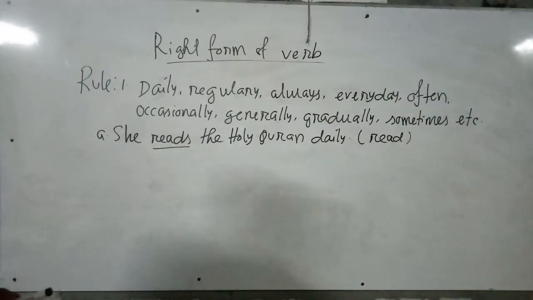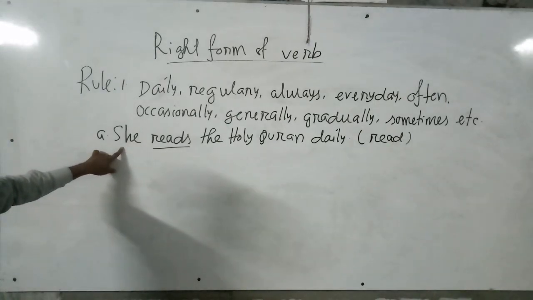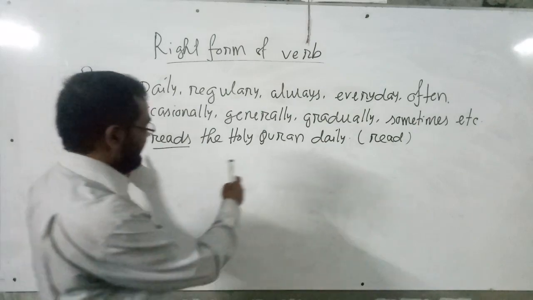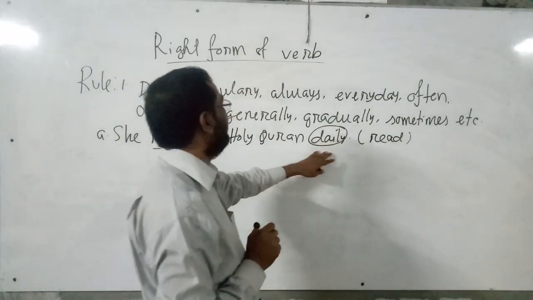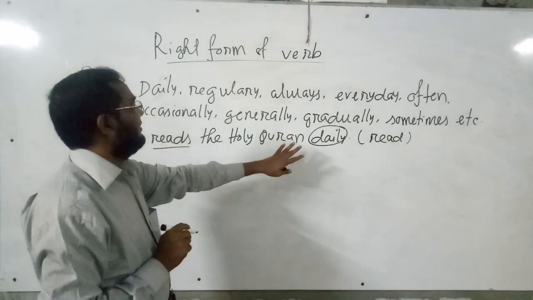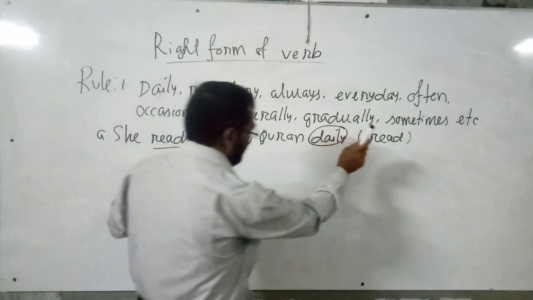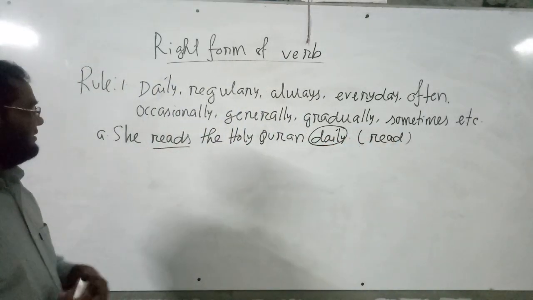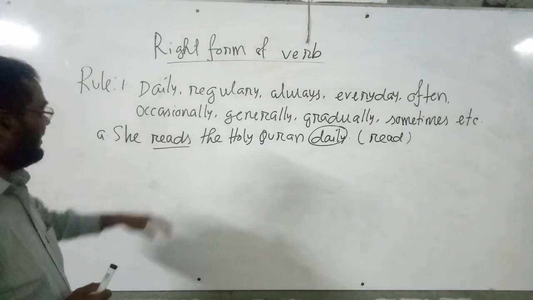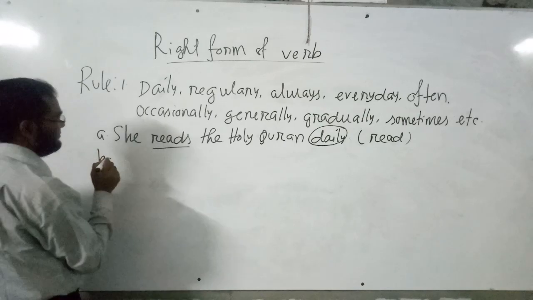This is the correct form of verb because the subject is third person singular number, and the word daily shows a habitual action. The verb will be present indefinite tense. For this reason, read will be changed to reads, and s will be added with the verb. This is the rule. Another example.